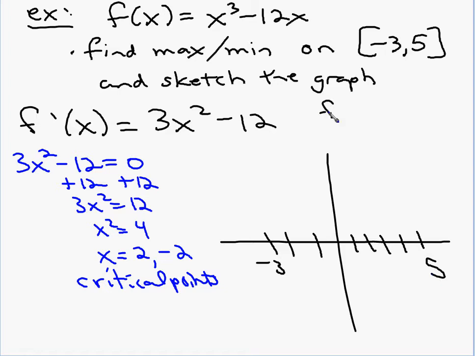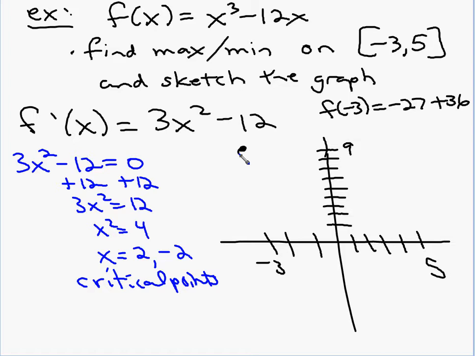Right? And we'll try to do this somewhat quickly. F of negative 3. Well, that would be negative 27 plus 36. So that's going to be 9. So f of negative 3, 1, 2, 3, 4, 5, 6, 7, 8, 9, is up here at 9. Okay?